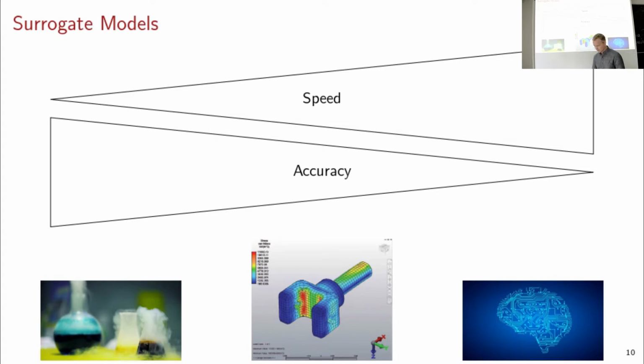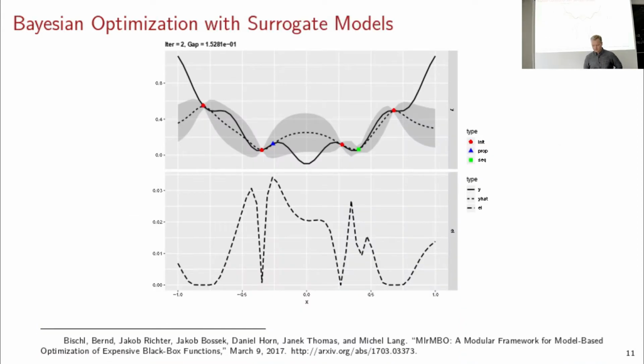Okay, so then let me show an example for Bayesian optimization here, and you might have seen something very similar to this already, so just as a refresher. Top panel, solid line is a function we want to optimize, so this is the underlying ground truth function, which in the usual setup for Bayesian optimization we do not know.